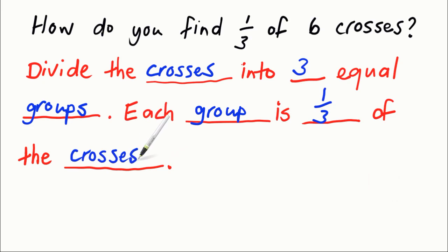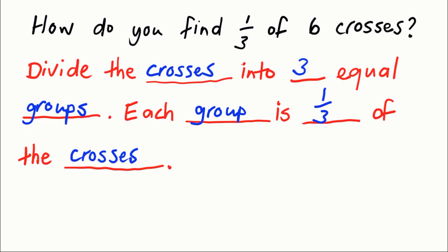Now sometimes you might find it a bit tricky to actually figure out how many crosses go into the group. With a number like 6 crosses, not that hard to do. So sometimes the way of doing it is to actually draw your groups first, like this.